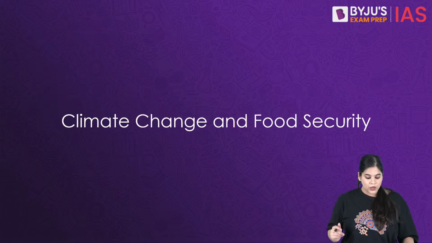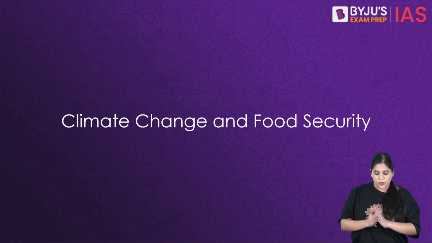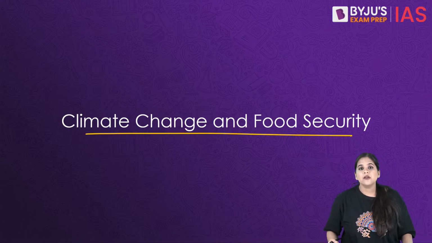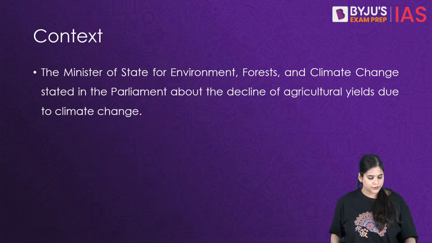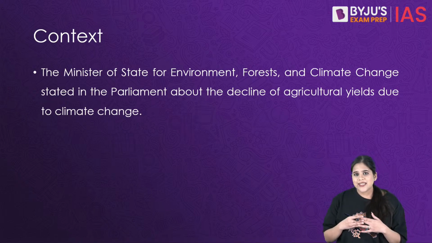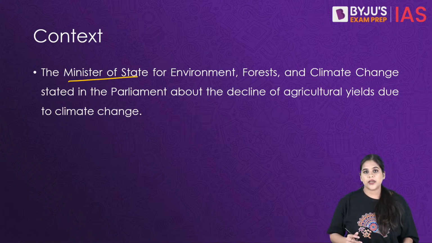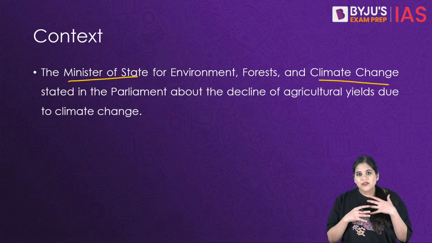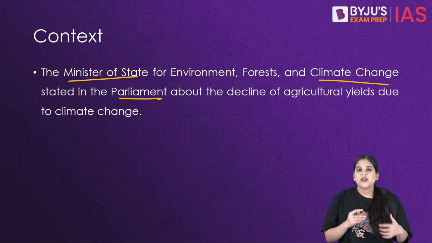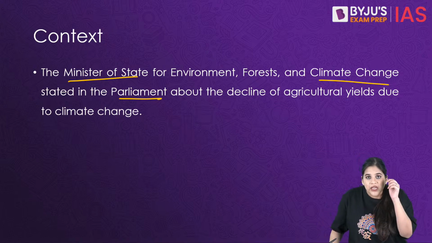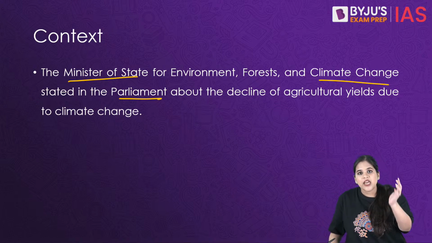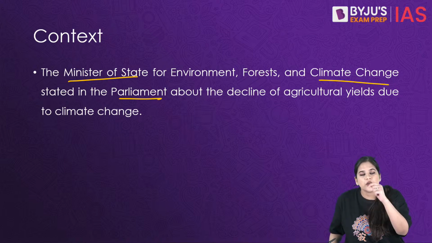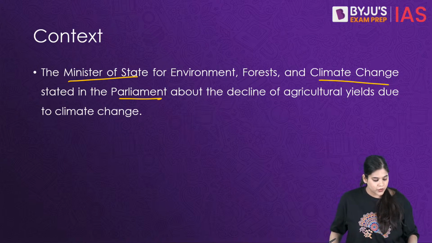Okay. Now we come to the fourth topic, climate change and food security. The context is that the Minister of State for Environment, Forest and Climate Change gave a statement in Parliament regarding the decline in the agricultural yields in the upcoming years because of climate change.